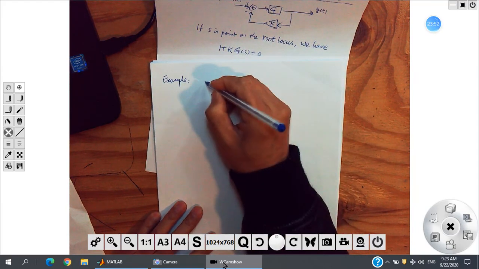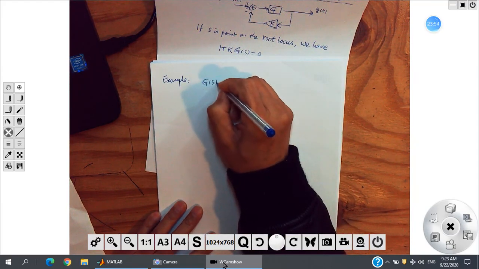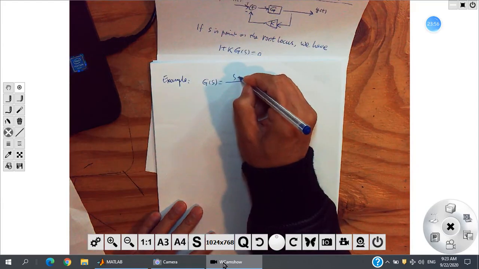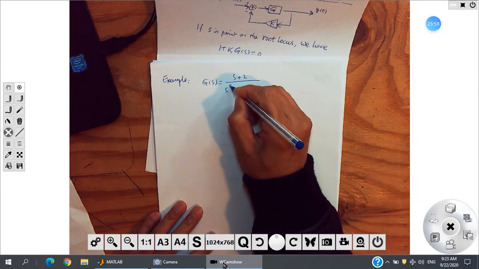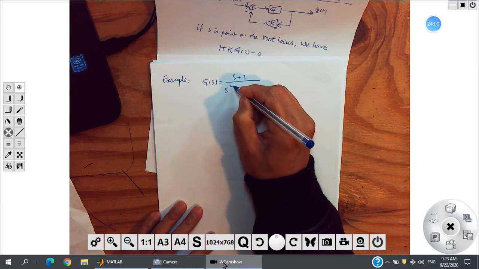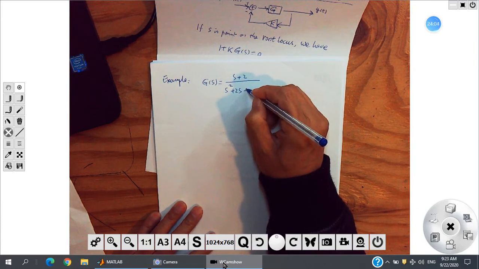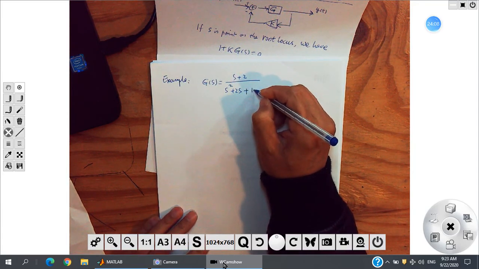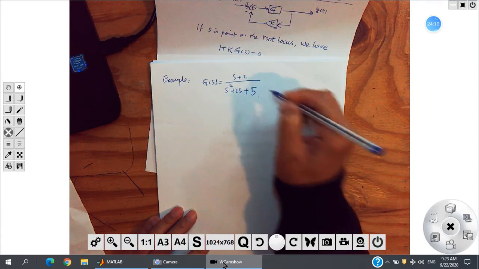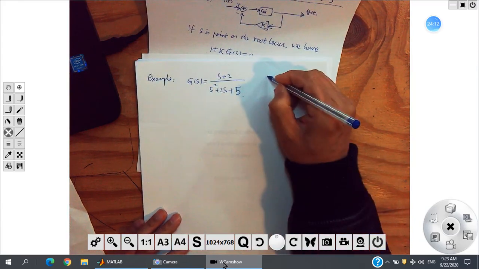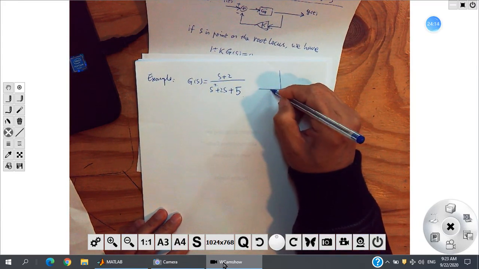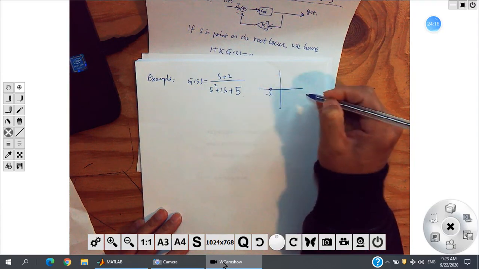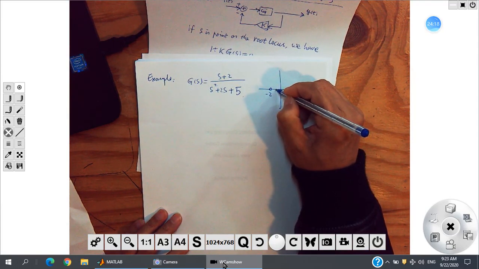Suppose G of s equals (s plus 2) over s squared plus 2s plus 5. So we have a zero at negative 2, and the poles at negative 1 plus or minus 2j, right?